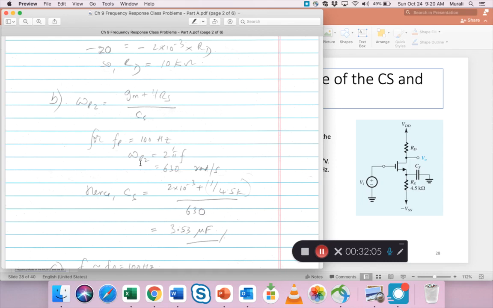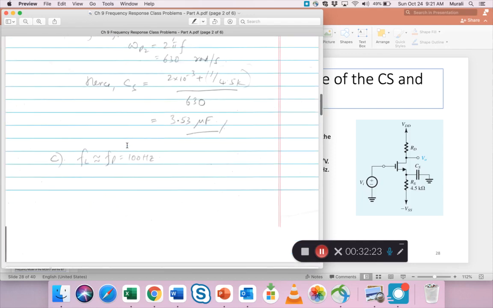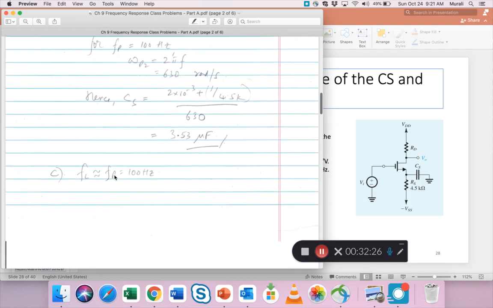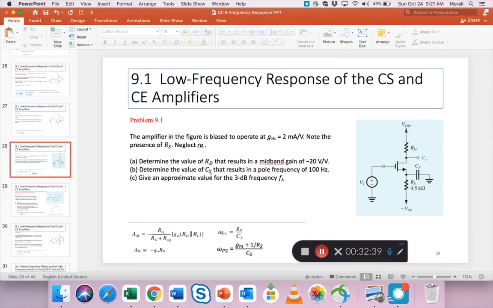Actually, it's omega p2, I should say Fp2. So omega p2 is 2 pi f, which is 630. So hence Cs, if you take Cs to this side and bring everything down, you come up with 3.53 microfarads for Cs. In this case, we are just saying that FL can be approximated to Fp, which is 100 Hertz, because all he's asking is an approximate value.